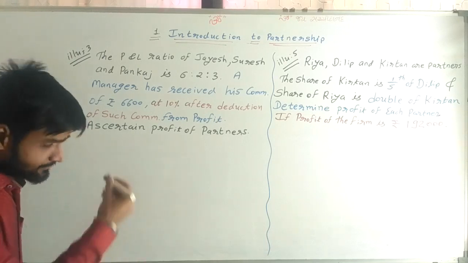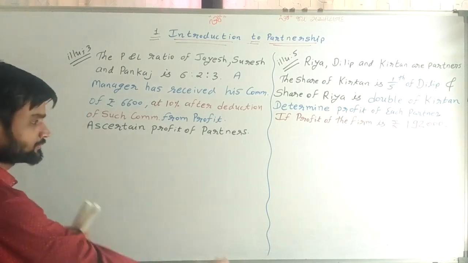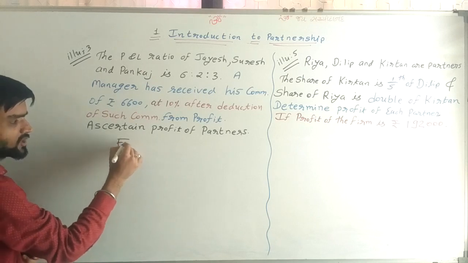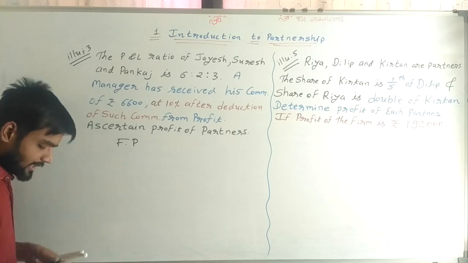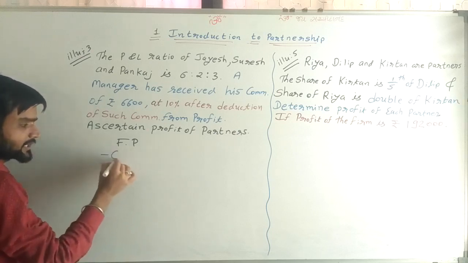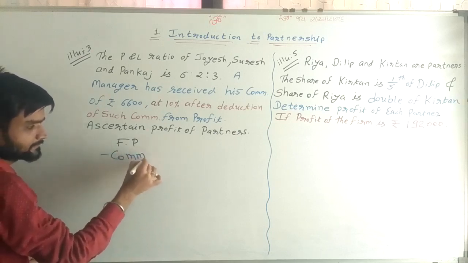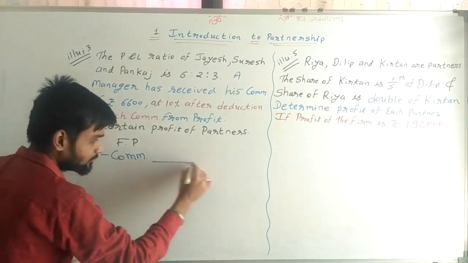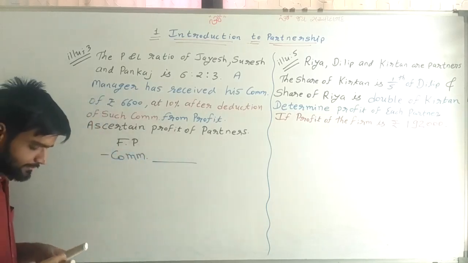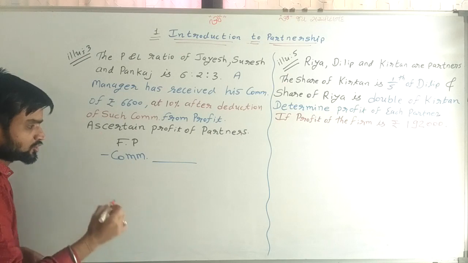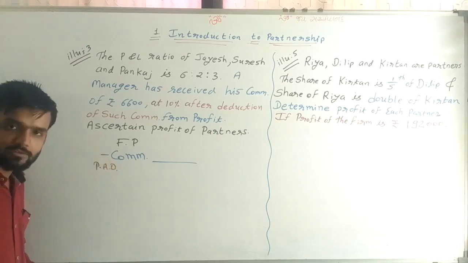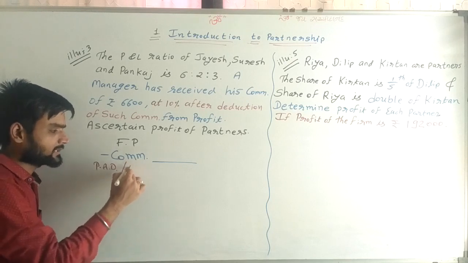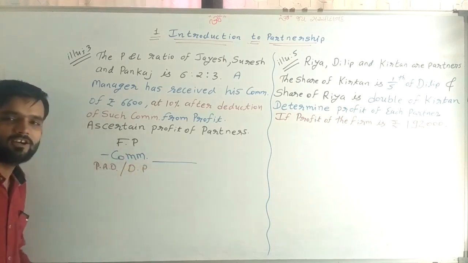Now, making the format also. First of all, firm's profit. Then after deducting commission, we get the answer: profit after deduction of commission, or we can say divisible profit.